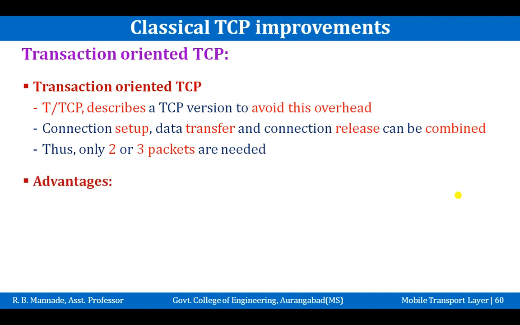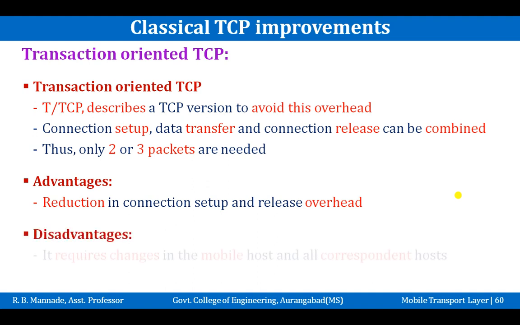Then the advantage of transaction oriented TCP is the reduction in connection setup and release overhead. Connection setup, transfer and release packets are combined with the user data packets. That's why it clearly decreases the overhead required for connection setup and release.